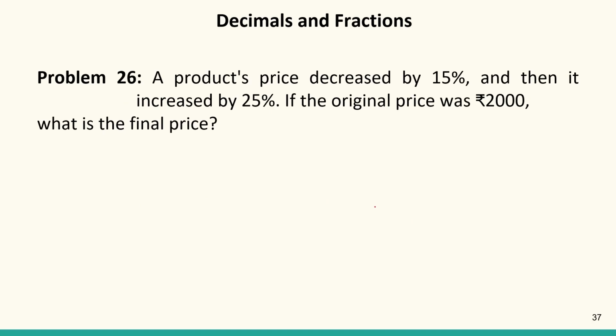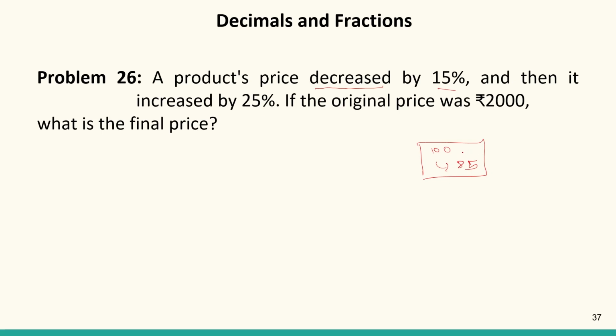So given that for problem 26, a product's price is decreased. Look at this term, decreased by 15%. So if its price was 100, then it is now 85. And then it is increased by 25%.